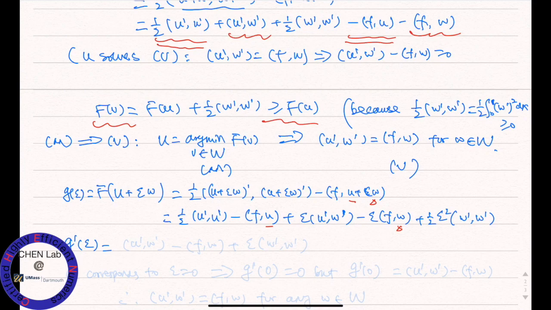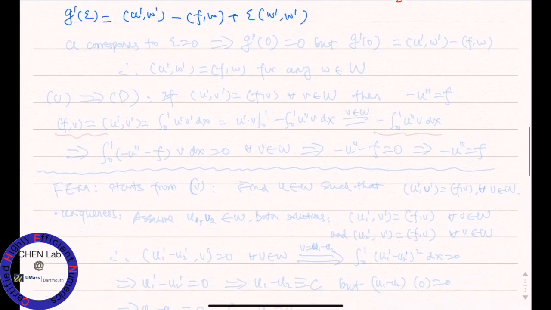If you differentiate it, you get (u', w') minus (f, w), that's the epsilon term, plus 1/2 epsilon squared becomes 2 epsilon times 1/2 becomes 1 epsilon times (w', w'). Now u is a minimization point. u corresponds to epsilon equal to 0.